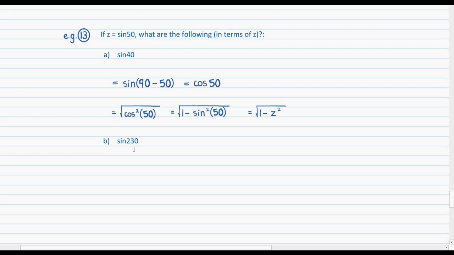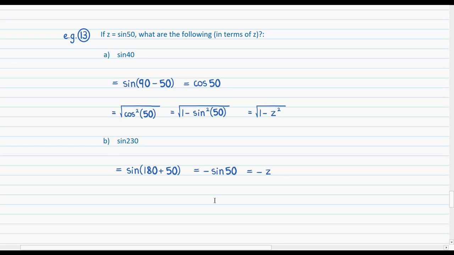So 230 is less than 270, so it makes sense to rewrite it in terms of 180, where sine 230 would be the same as sine (180 plus 50), which is the rule for the third quadrant, where from ASTC we can tell that this would be the same as negative sine 50, therefore negative z.